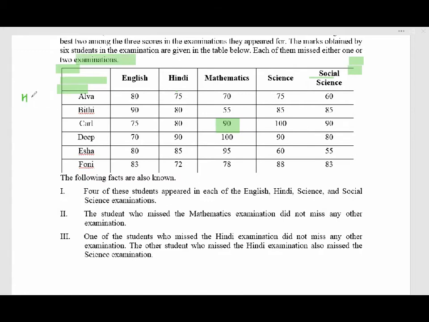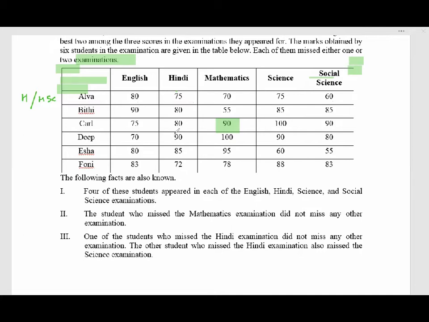It can be only Hindi or it can be Hindi and science. Carl is not. Can Bithi miss Hindi? 80. Top scores 90, 85 and 85. So whether it's 90 and 85 or 90, 85 and 85, the average is not 80. So Bithi did not miss Hindi.